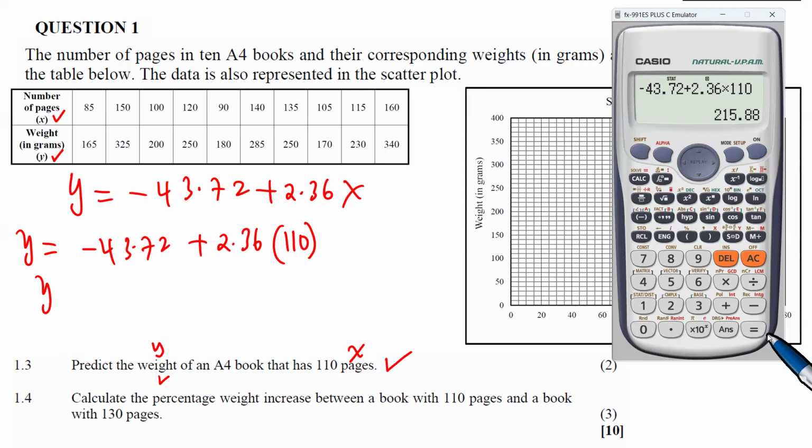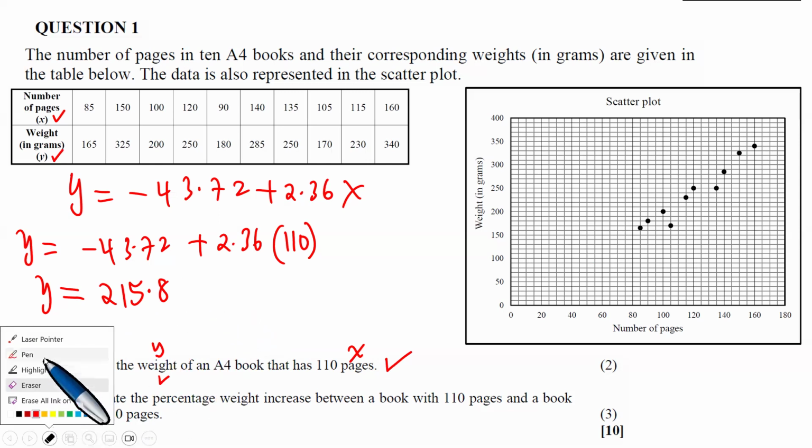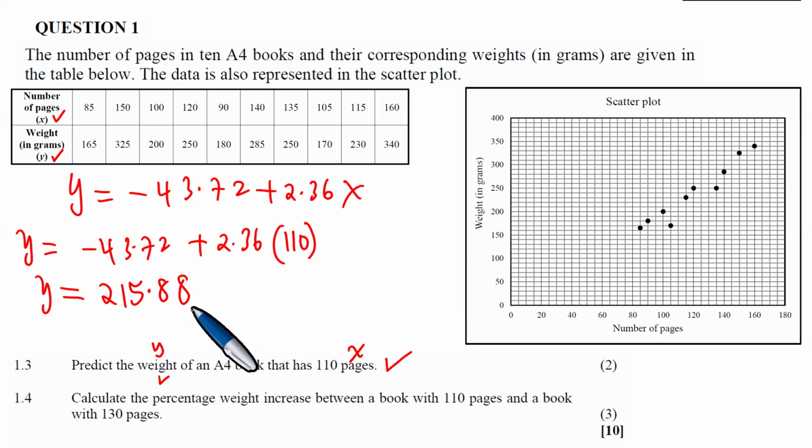Then you get 215.88. So this is the approximate weight, because x is the number of pages and we've already got the regression line.